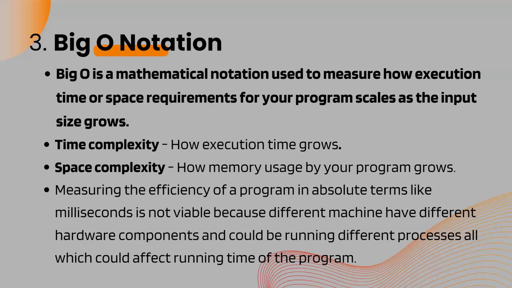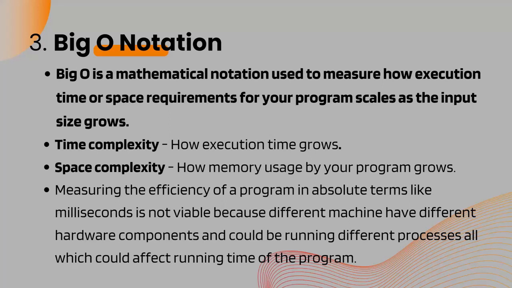Then you could have a machine that is really fresh, without many processes running in the background, so it will allocate a lot of resources to the program you're running. So measuring time in absolute terms is not a very good idea for those two reasons.